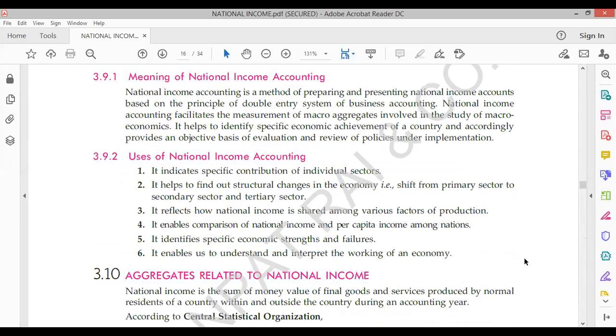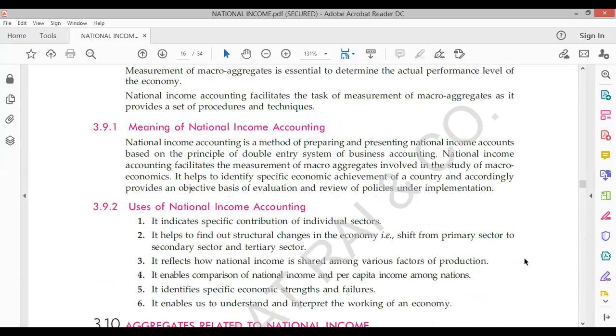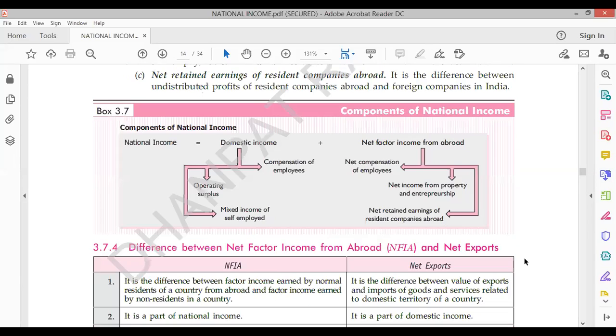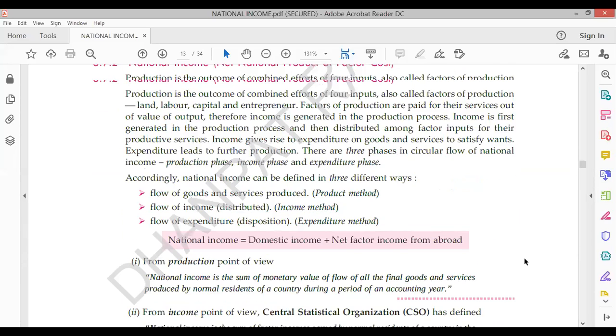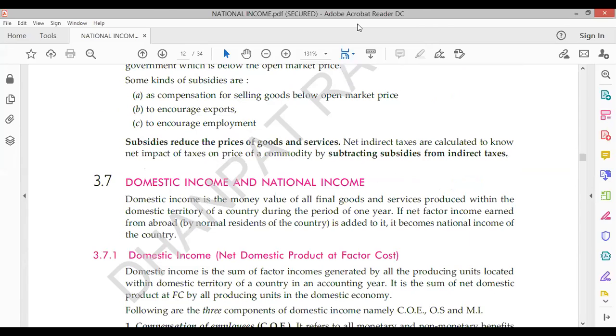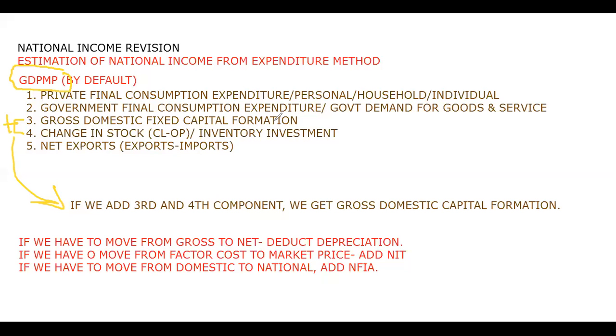And when we are talking about how GDP is connected with welfare, we simply give the answer that GDP and welfare are of course two parts but cannot be taken together. The question is very simple, that is why GDP and welfare cannot be taken together. So let's study that now. GDP and welfare, the topic.